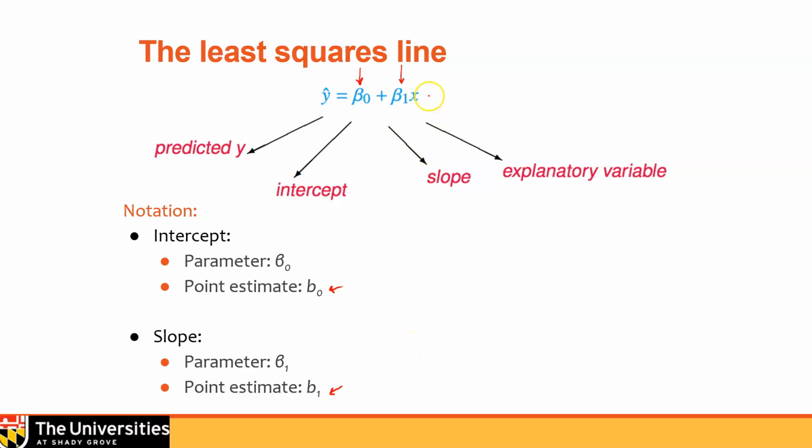In classical mathematics, we also add an error term onto this to let us know that there is some variability with respect to our y hat. It's not necessarily the residual of the points, but there's an error term.